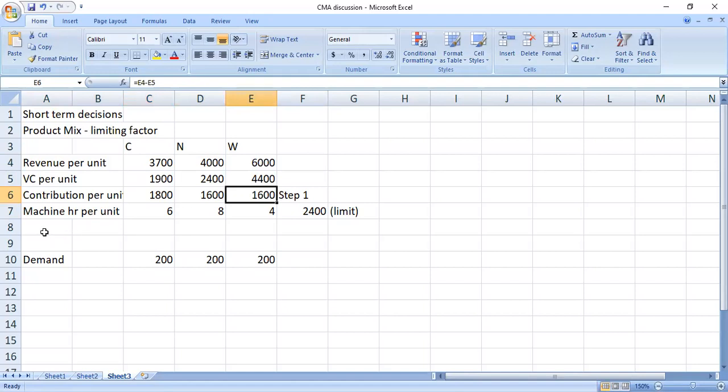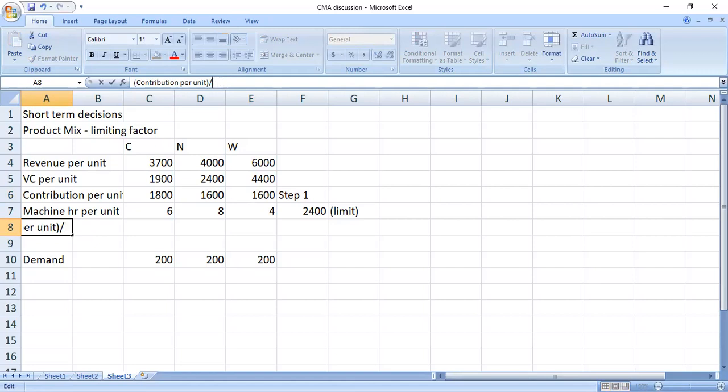Then the next step is you determine the contribution per limiting factor. In my opinion, I usually like doing it this way: you bring this contribution per unit the way it is, and now we want it to be per limiting factor.